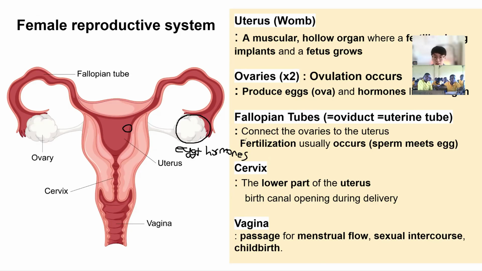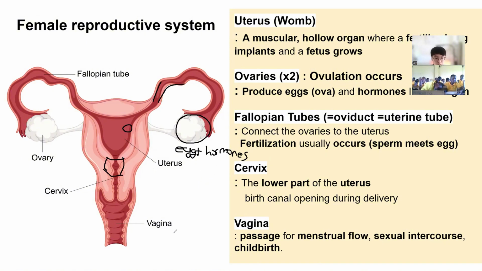in the ovaries. And then there is the fallopian tube over here. So this is where fertilization occurs, where the sperm meets the egg. And the cervix over here is the lower part of the uterus, this part. So this part helps in opening during delivery.